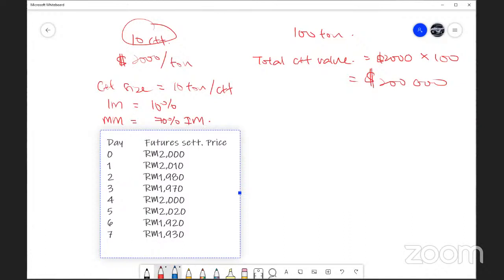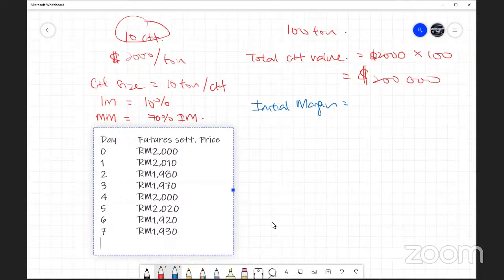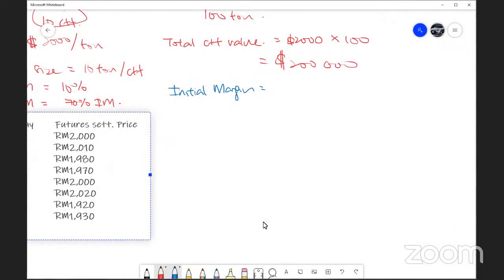With this $200,000, you can count your initial margin. Initial margin is 10% of this, 0.1 times 200,000, so you start with 20K.